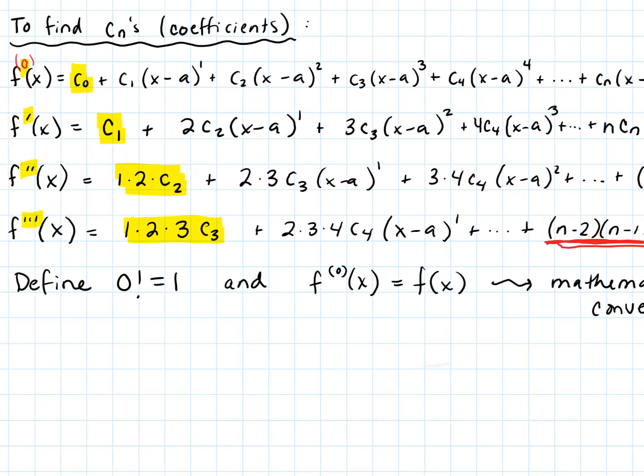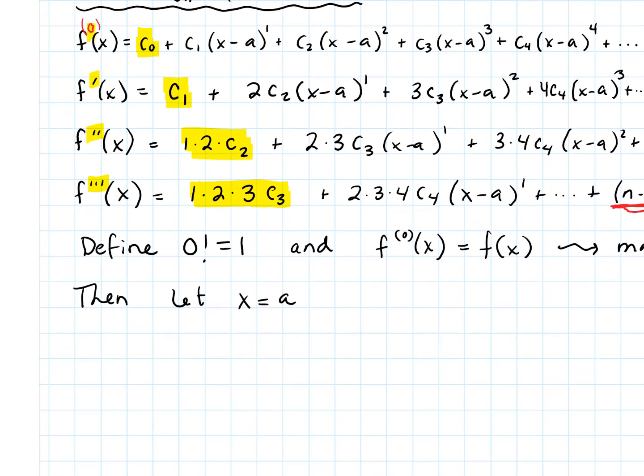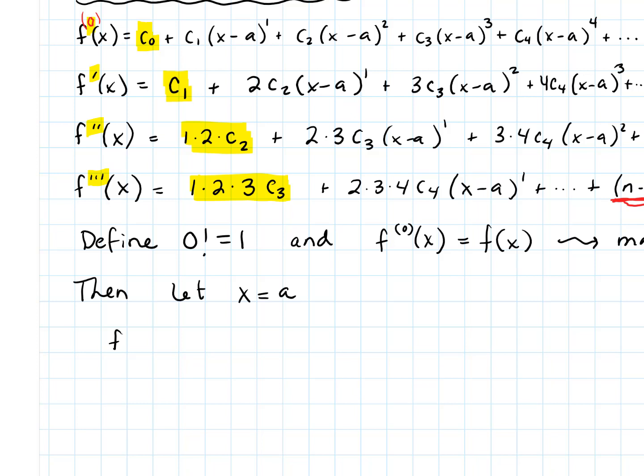All right, so if we define those two mathematical conventions, then let's go ahead and let x equal a. And notice what happens in these derivatives. If I do that, the 0th derivative of a, which remember is actually just f of a, I just want to clear that up again, from this definition, that is actually just the constant, c0.